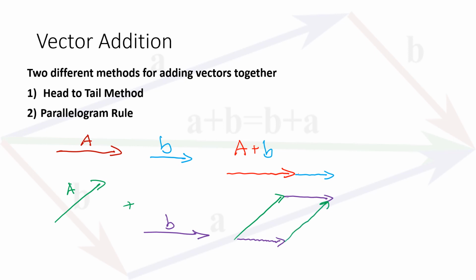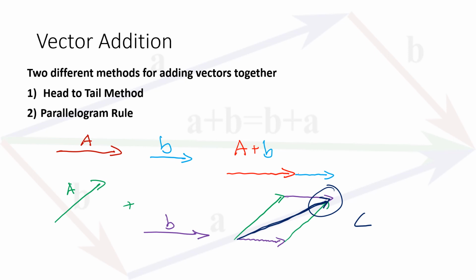Now we have a parallelogram out of A and B. And the end result of A plus B is this vector here from the starting point of each one to the point where they connect over here at the other end. So that vector there we could call vector C. So when we're doing vector addition, basically we are just adding these two things together to see what they're going to represent if we just had one vector that replaces both of them.